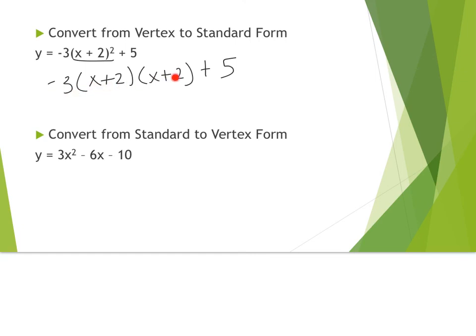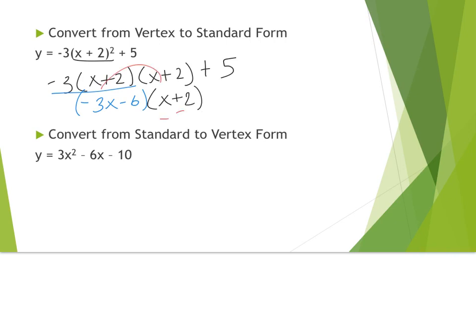Multiplication is commutative, so you can either multiply these two and then multiply it by x plus 2, or you can multiply these two binomials and multiply it by negative 3. I'm going to multiply negative 3 times x plus 2, so it's negative 3x minus 6, and then I'm going to multiply it with x plus 2.